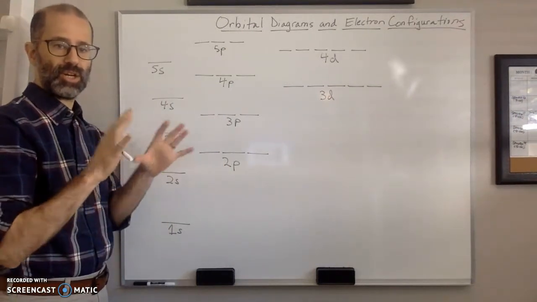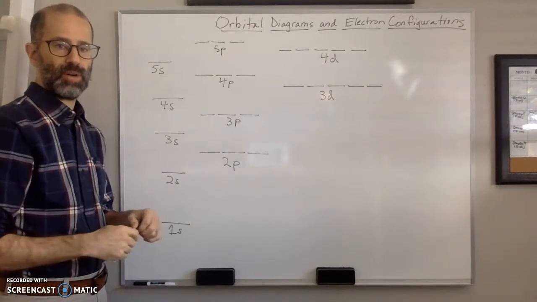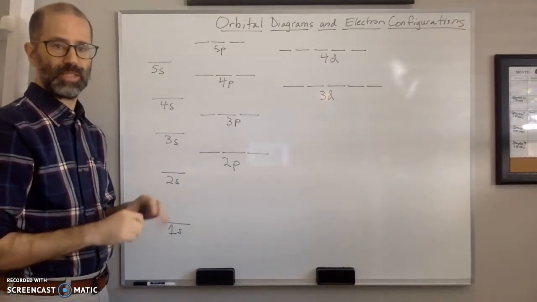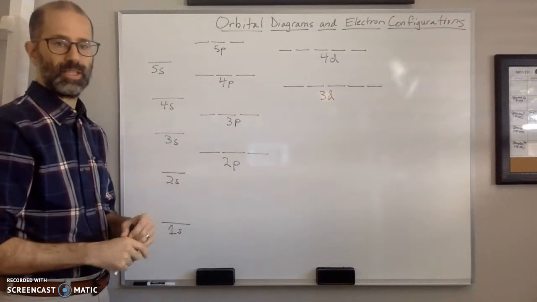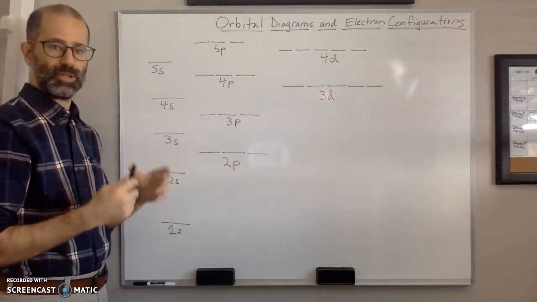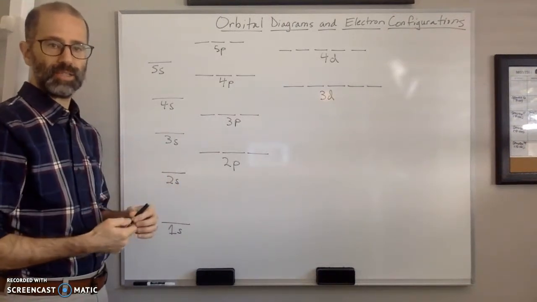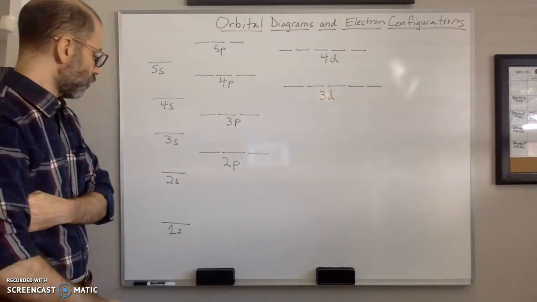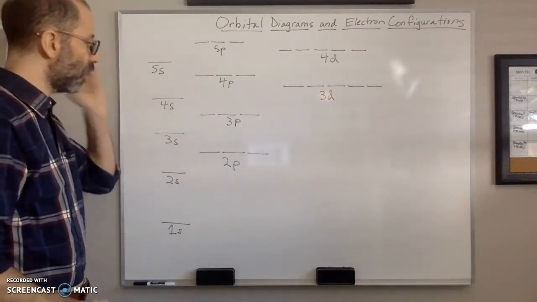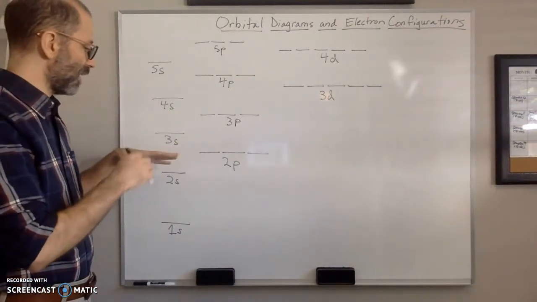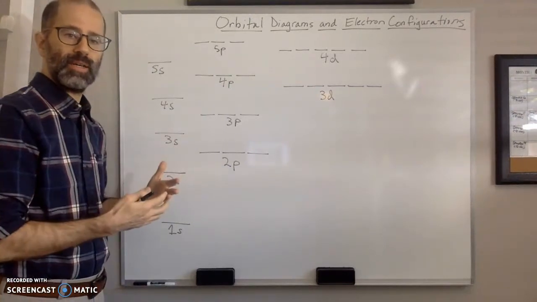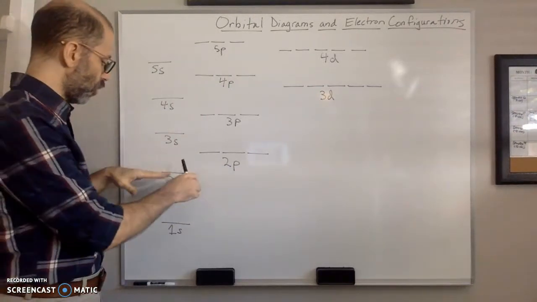The inner electrons, which I'll refer to as the core electrons, shield the nucleus from the outer electrons, which are the valence electrons. In a hydrogen or a one electron system, these would all be the same energy.